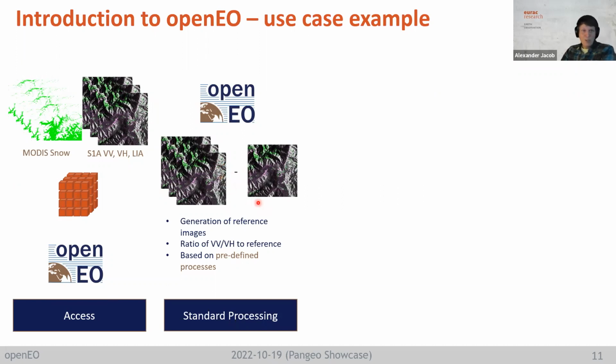In this case, we needed to have a reference image defined, and then the difference from this reference image in order to understand if conditions change, or to understand if the snow might be getting wet in SAR data. Basically, SAR data cannot see the snow as long as it's dry, but as more moisture content is created in the snow, the more it becomes visible as a change.